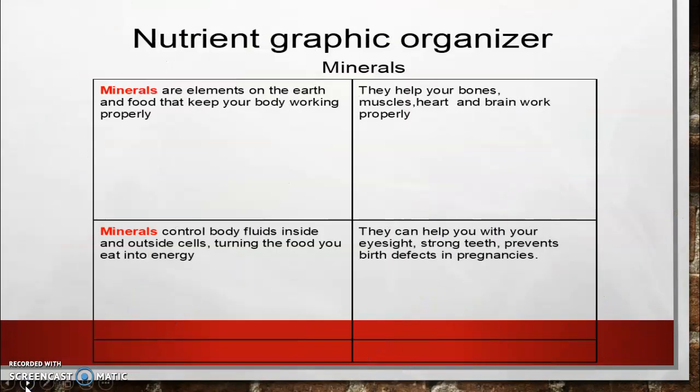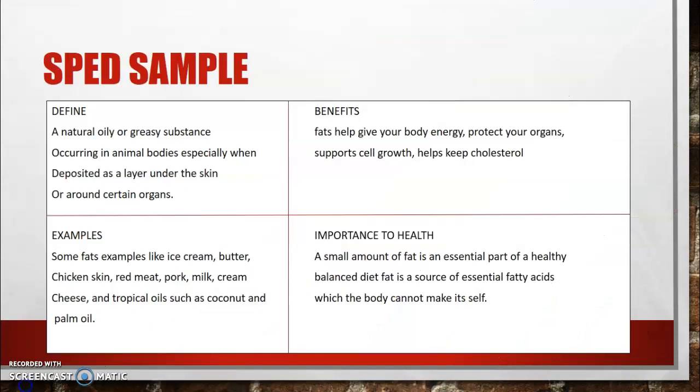And this is minerals. Now, I think on this one, it's a good example to show how a younger student maybe didn't take this to the full extent. Just putting the least amount of information, I guess, that was needed as well.